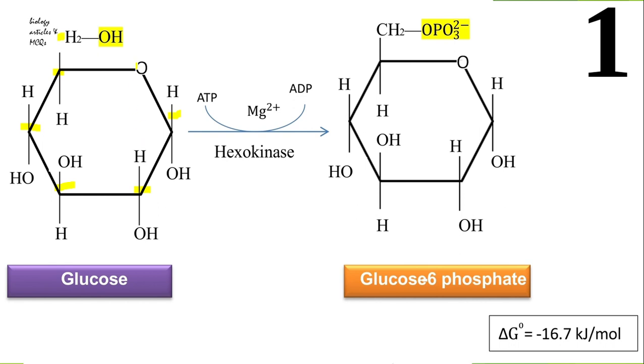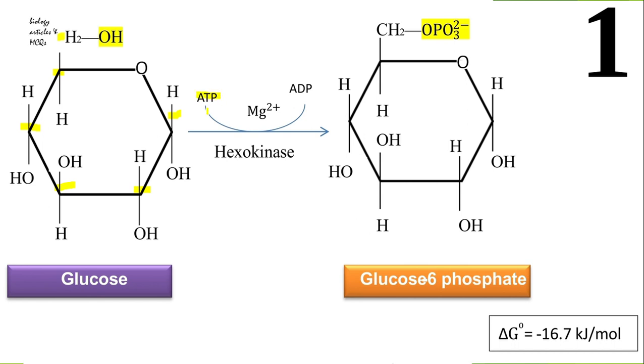You are seeing that carbon number 6 has an OH group attached to it, and that OH will be replaced with the phosphate group. How will it be replaced? It will be replaced by the splitting of ATP that is already present in the cell.